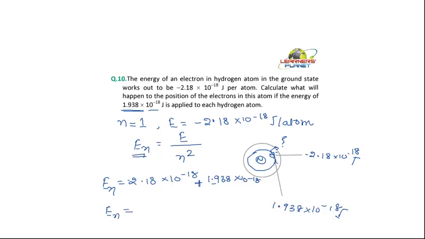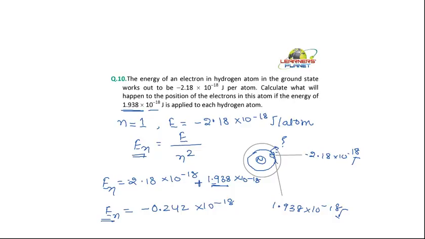So how much are we going to get? This electron is having how much energy? Let's calculate: it is 2.18 minus 1.938, and that comes out to be 0.242. The 1.938 is positive because we are providing it from the outside. So this comes out to be minus 0.242 into 10 to the power minus 18.